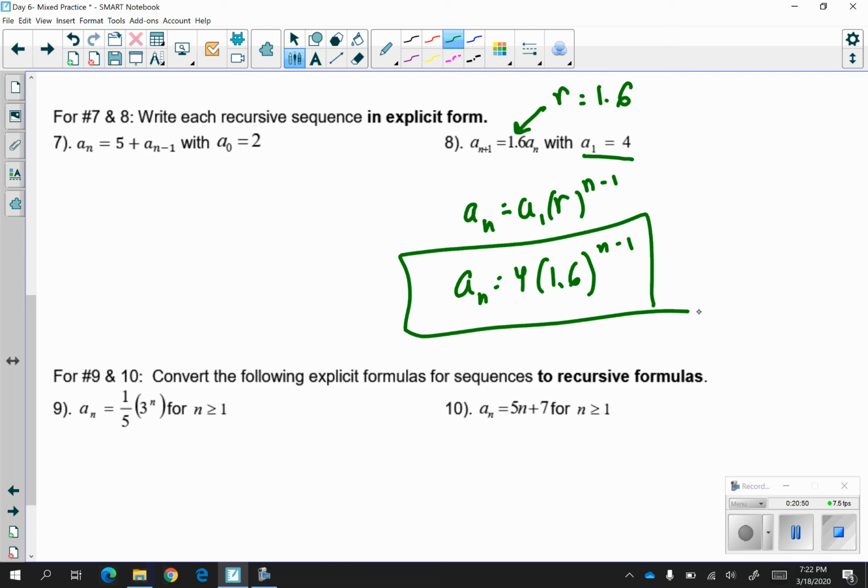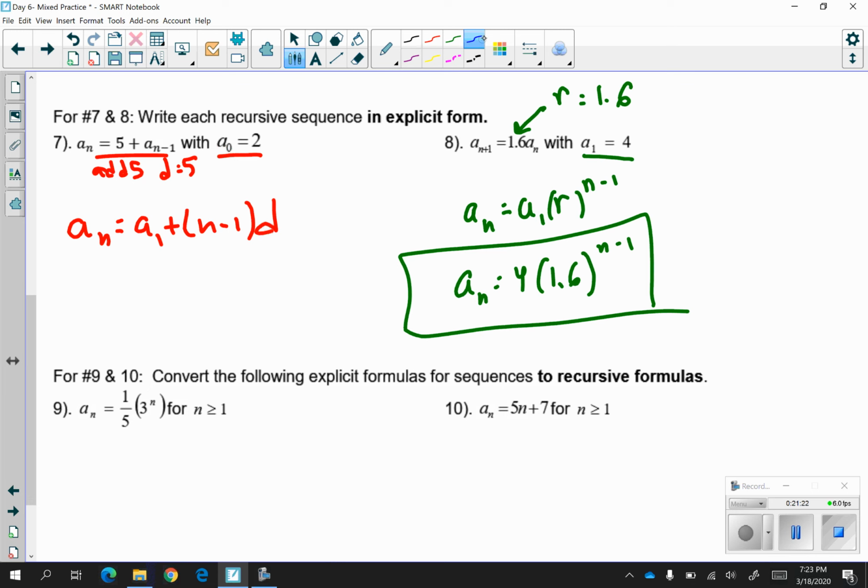Now, look at choice 7. See how that's actually different? Choice 7 is giving you a sub 0, right? That's not the first term, and actually this one's arithmetic because you are adding 5. So that means your common difference is equal to 5. For the arithmetic formula, you have a sub n is equal to a sub 1 plus n minus 1 times d. You have a sub 1 in that formula, not a sub 0.